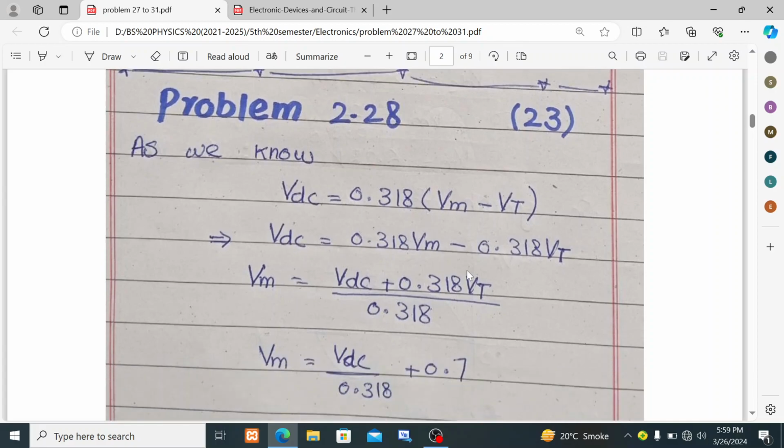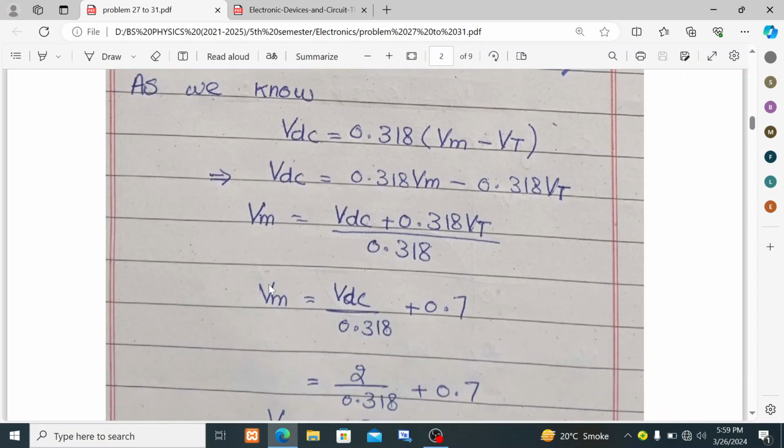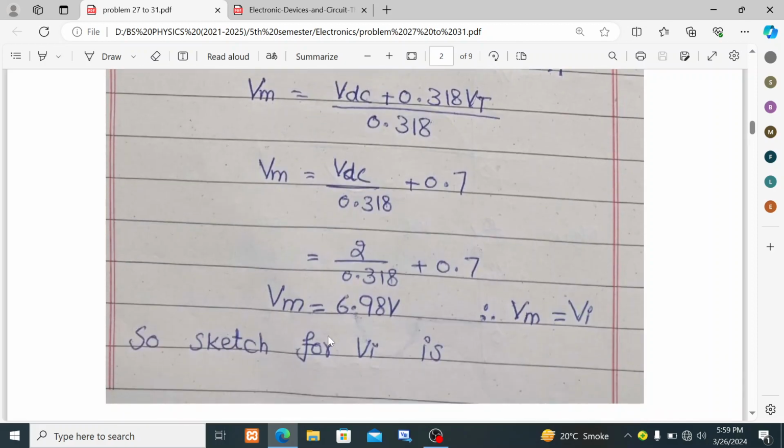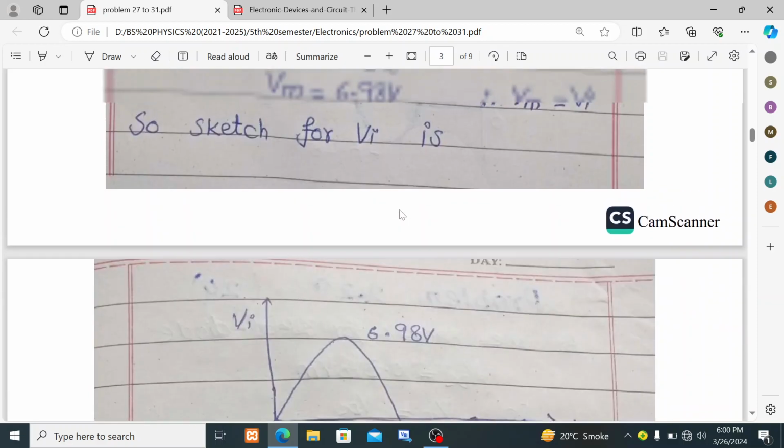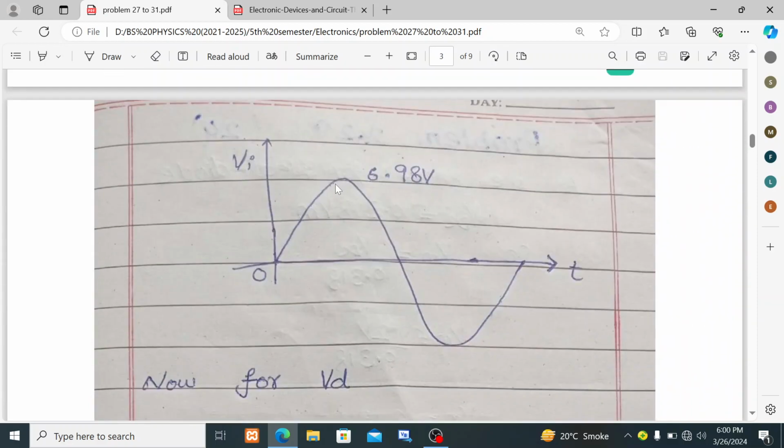So from here we can find Vm. Here Vm will become 6.98 volt. As I already told you that Vm is equal to Vi. So first we sketch Vi. This is the sketch for the positive cycle and this is for the negative cycle of Vi.